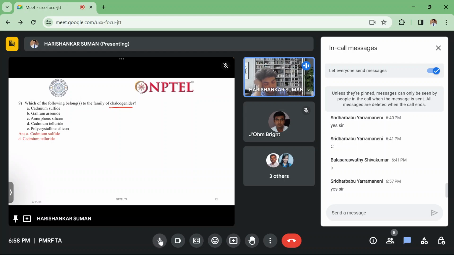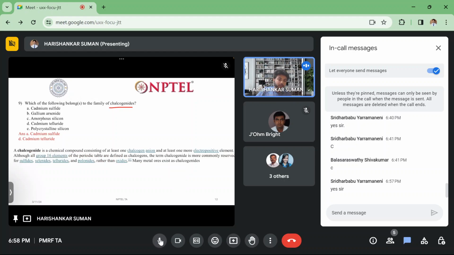So cadmium sulfide and cadmium telluride are the family of chalcogenides. A chalcogenide is a chemical compound consisting of at least one chalcogen anion and at least one more electropositive element. Although all group 16 elements of the periodic table are defined as chalcogens, the term chalcogenide is more commonly reserved for the sulfides, selenides, tellurides, and polonides rather than the oxides.